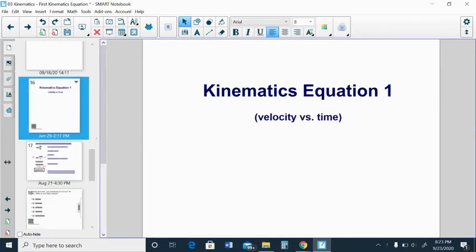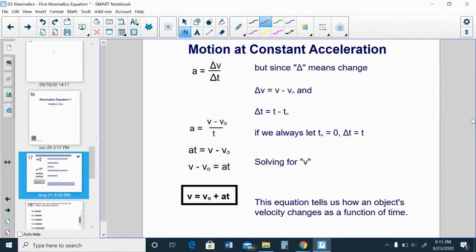Kinematics equation 1: velocity versus time. Let's take a look at how we derive the first kinematics equation for describing motion at constant acceleration. We now know that acceleration equals change in velocity over change in time. So since delta means change, we can substitute that change in a written out form.